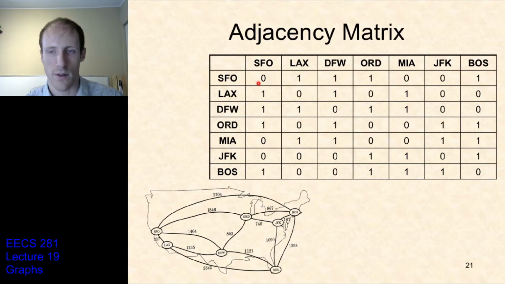And then the entries in the matrix will be 0 if there is no connection, and 1 if there is a connection. So here, there's a 0 because there's no connection from SFO to SFO, right? There's no flight that takes off from San Francisco, flies in a circle, and flies back down. But there's a flight that goes from San Francisco to LA.